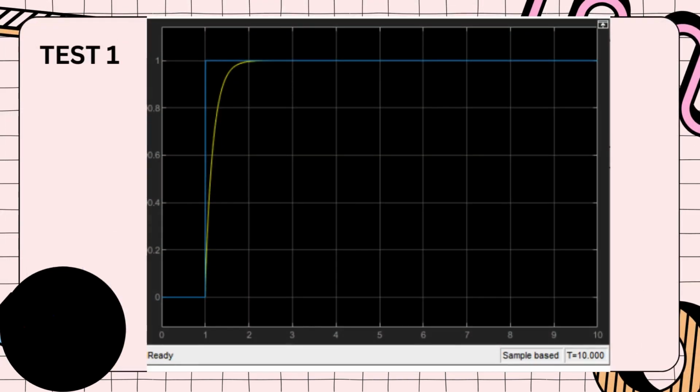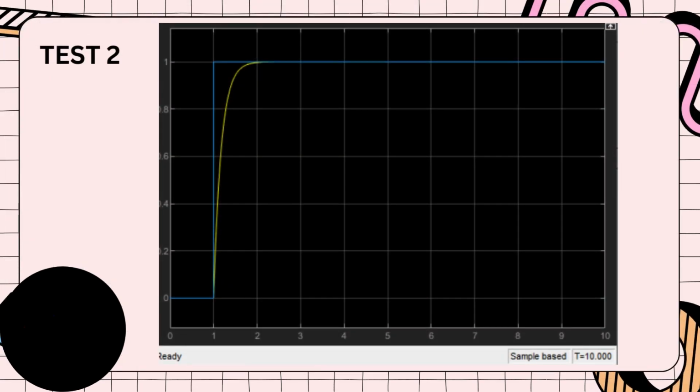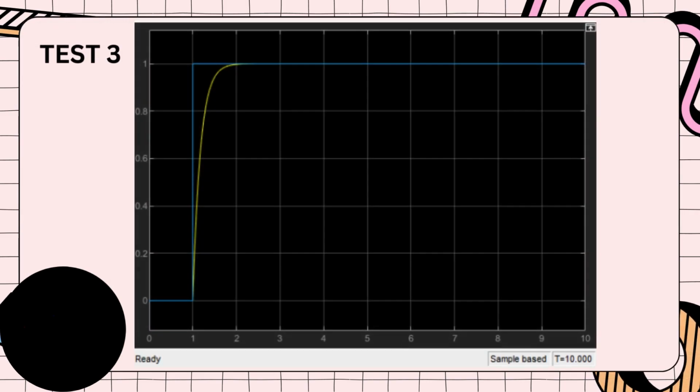This is test 1, where the value of derivative D is equal to 0.1. And this is test 2, where the value of D is equal to 0.0001. And this is test 3, where the value of D is equal to 5.05 multiplied by 10 to the power of negative 7.